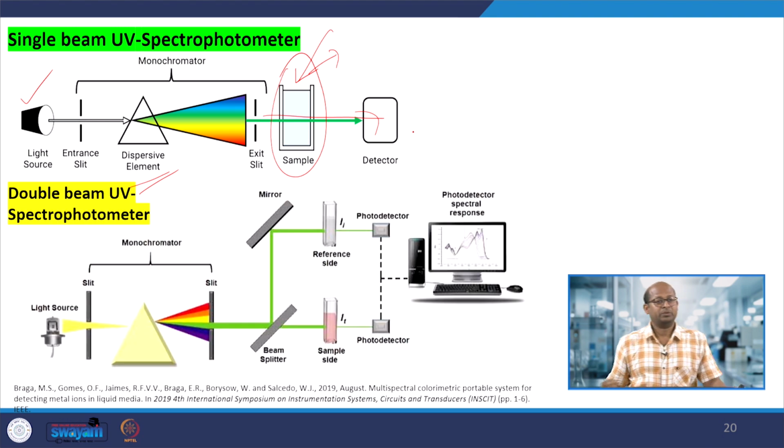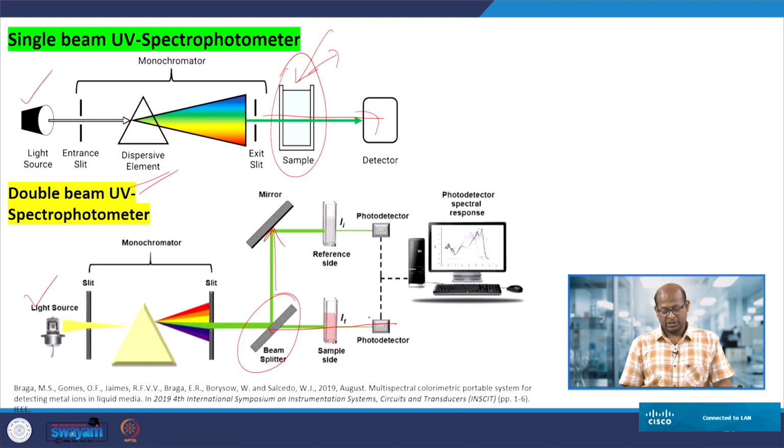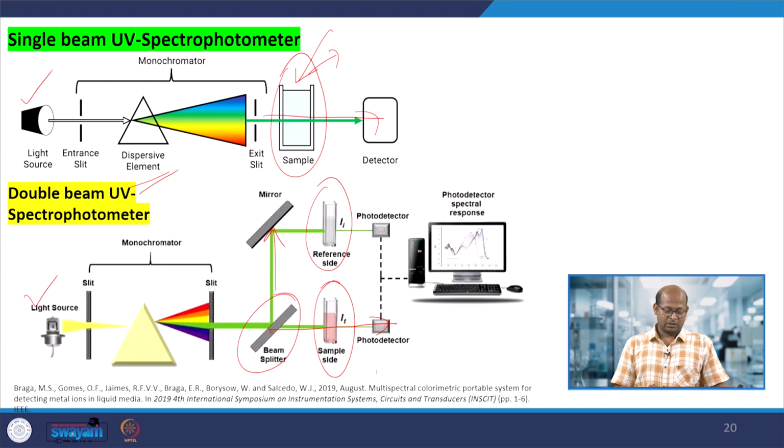In the case of the double beam UV spectrophotometer, this is the source of light, this is the beam splitter, and then one beam will pass through the sample while another will come directly. Here is the sample compartment, here is the reference. So here we get I, here we get I0.